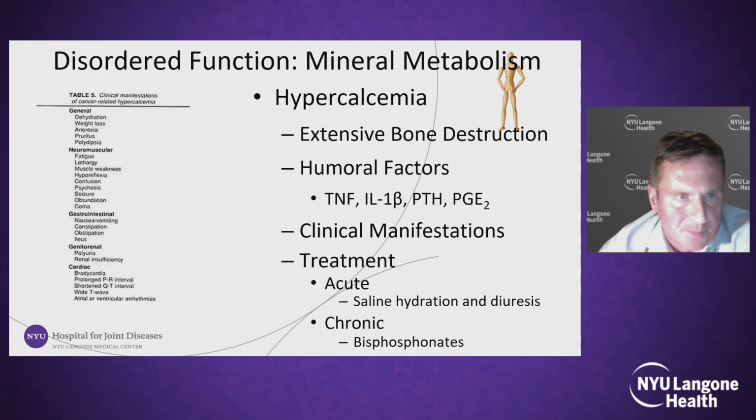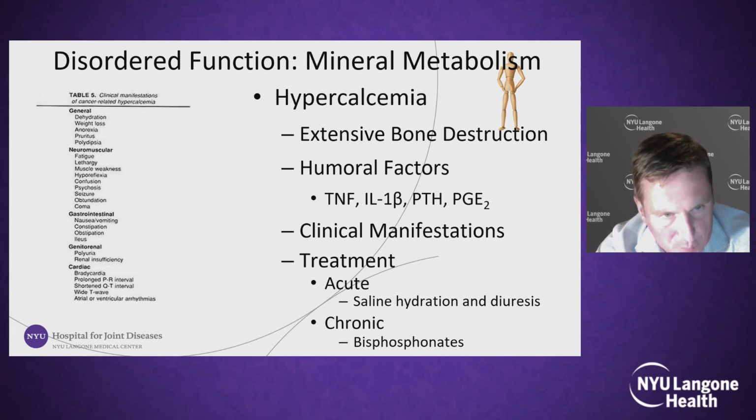Mineral metabolism is a classic orthopedic resident training question, but it's important for anybody who has these patients in their office to think about, because hypercalcemia can be a very deadly problem for these patients with extensive bone disease. On the left is a table showing the list of potential complaints. We're talking about generally a sick patient cohort, so these patients can come in feeling sick, not surprisingly, because of their ongoing cancer problems or other medical problems.